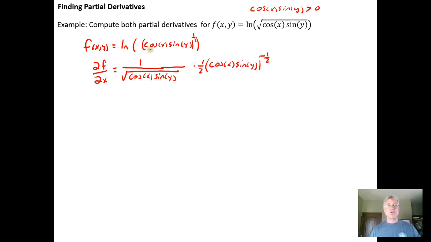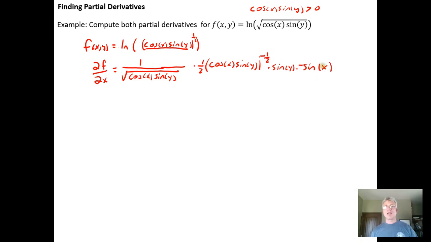But I have to use the chain rule again because I have stuff inside the square root function, so multiplied by, and we're taking the derivative with respect to x, so we're treating sine of y as if it's just a constant coefficient on cosine of x. So we're going to get the sine of y times the derivative of cosine, which is minus the sine, and minus the sine of x, because we were taking a derivative with respect to x.